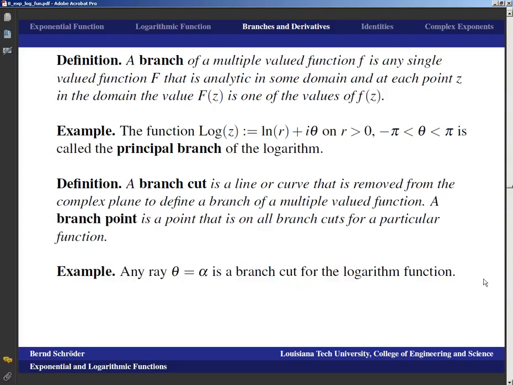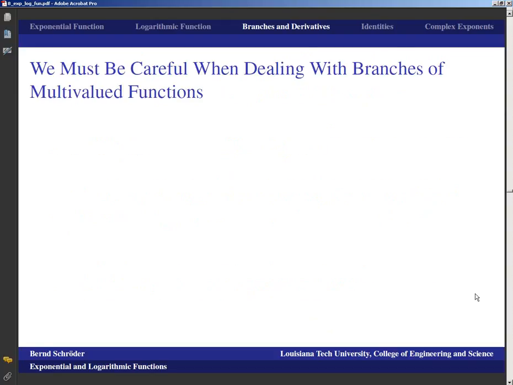We could use any kind of ray or any kind of curve that goes from the origin without intersecting itself to infinity. And the point z equals 0 is a branch point for the logarithm because, well, logarithm of 0 is undefined, and it turns out that you always have to go from 0 to infinity in some fashion to achieve a single valued function.